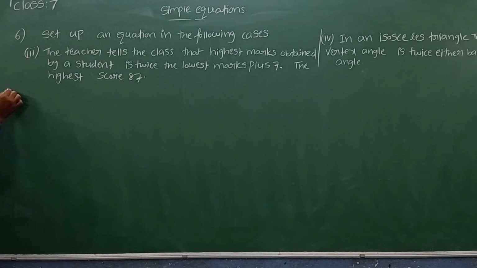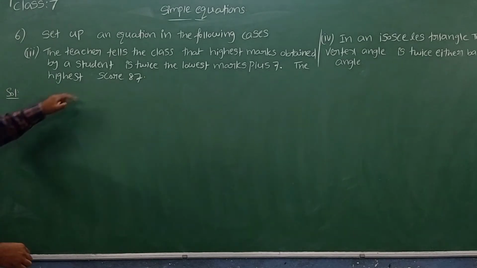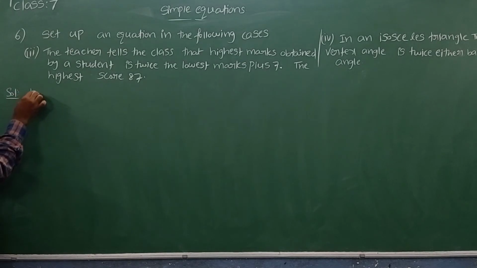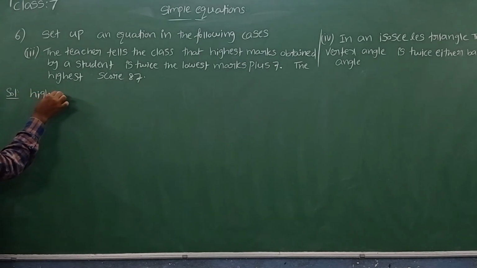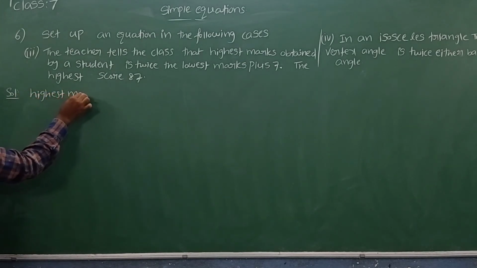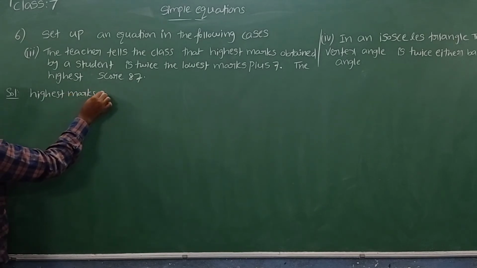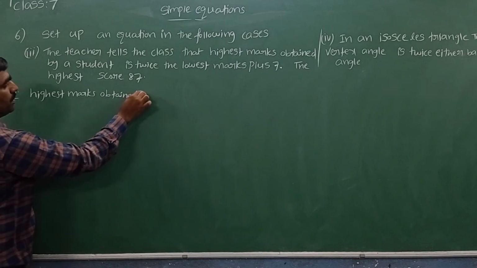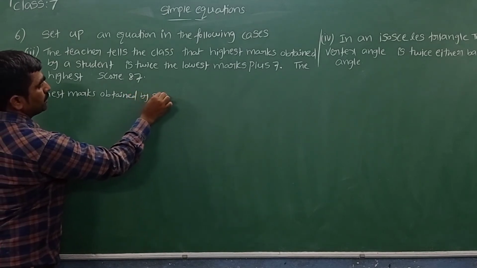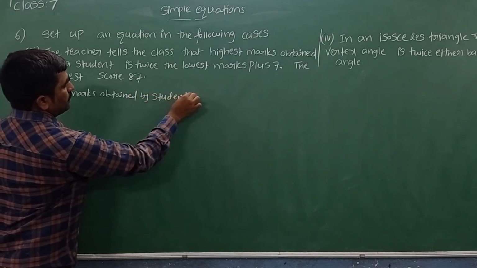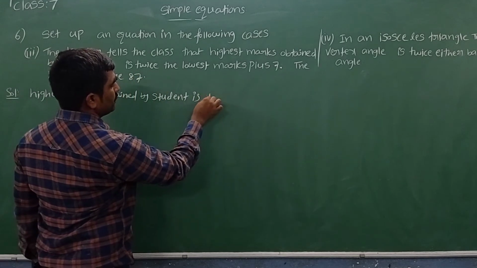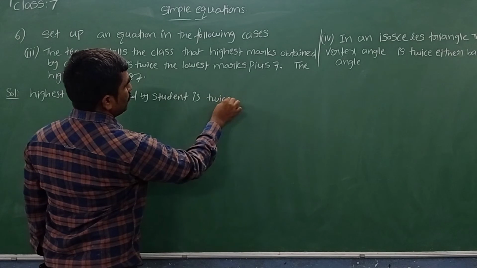See, she gave some information about her class. What information did she give here? The highest marks obtained by a student. She said that the highest marks obtained by a student is twice the lowest marks plus 7.